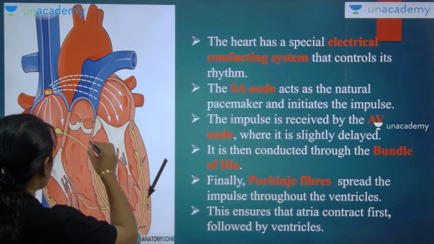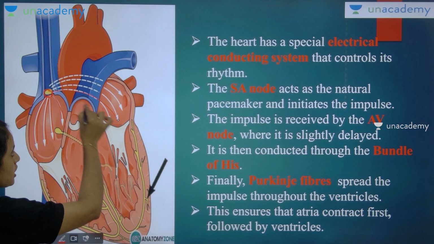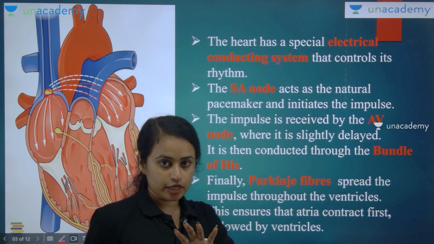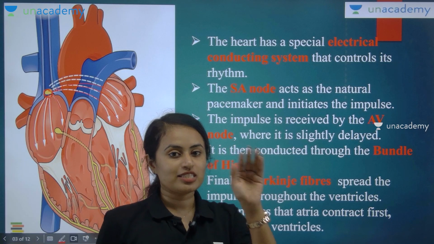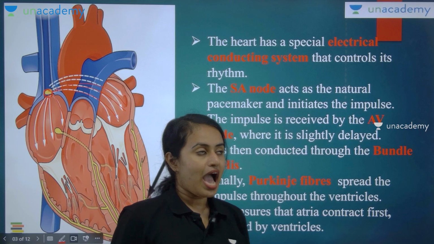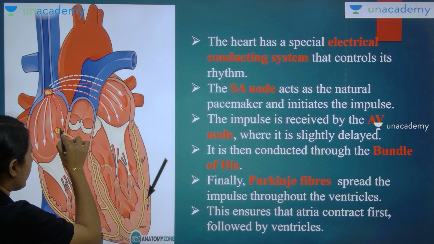From the sinoatrial node, an action potential or impulse is generated, and this impulse is transported initially towards both the left atrium and the right atrium. From the sinoatrial node, it then reaches the atrioventricular node.